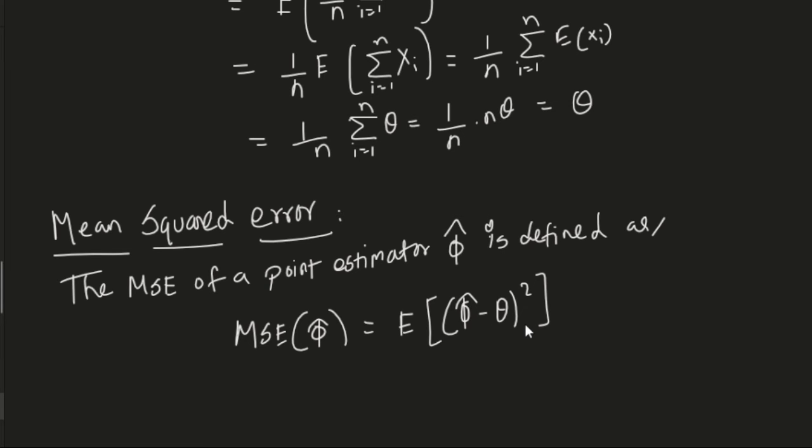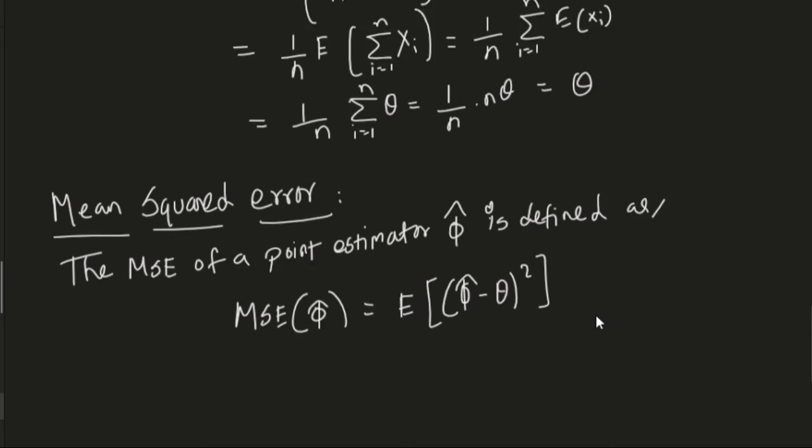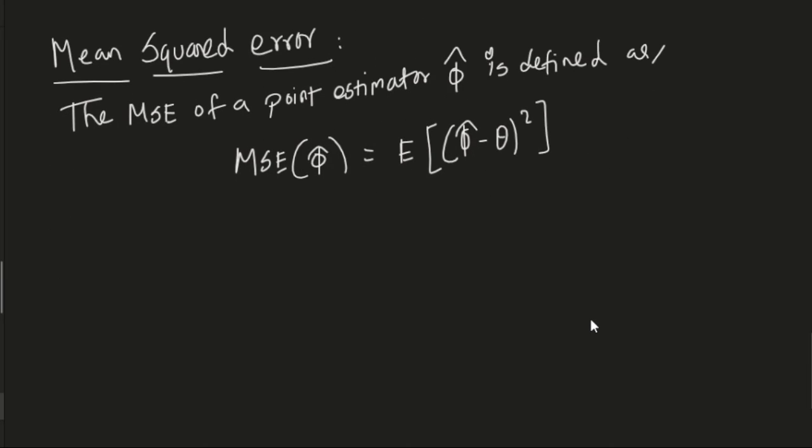In statistics and probability, when we say mean, we always mean the expected value, because the parameters and everything else can be a continuous or a discrete random variable, and we need to do integration or summation over that. So that is one way.